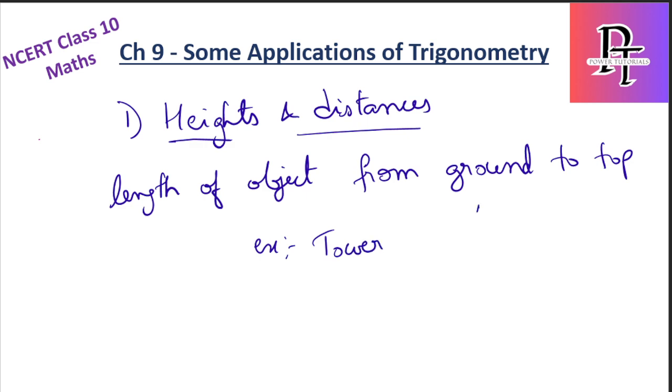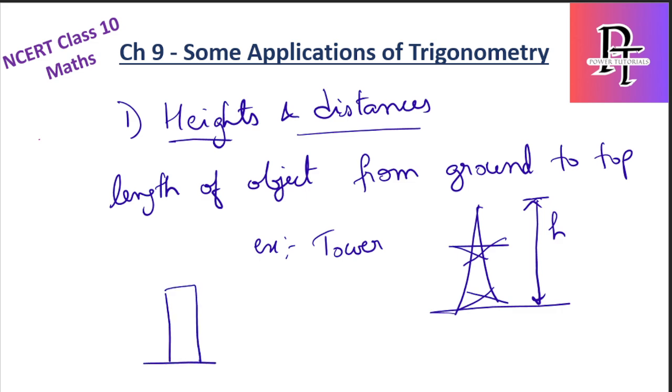If I ask what is the height of the tower, then it's the distance from the ground to the top of it. So this is height. In the same way, suppose there is a building like this. What is the height of the building? It's the distance from the bottom to the top of it.